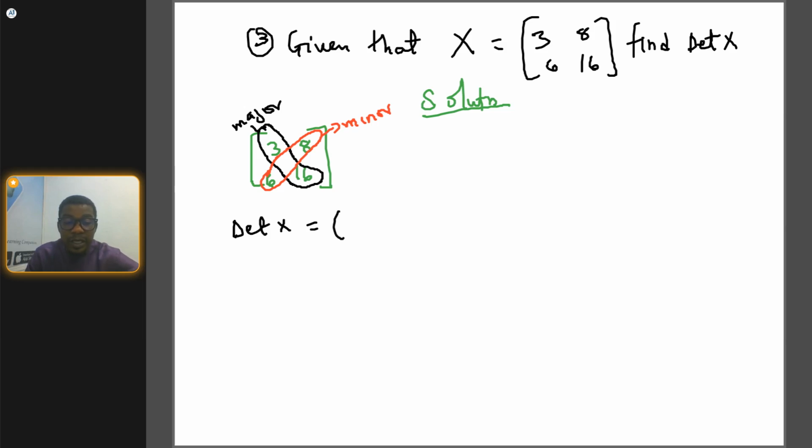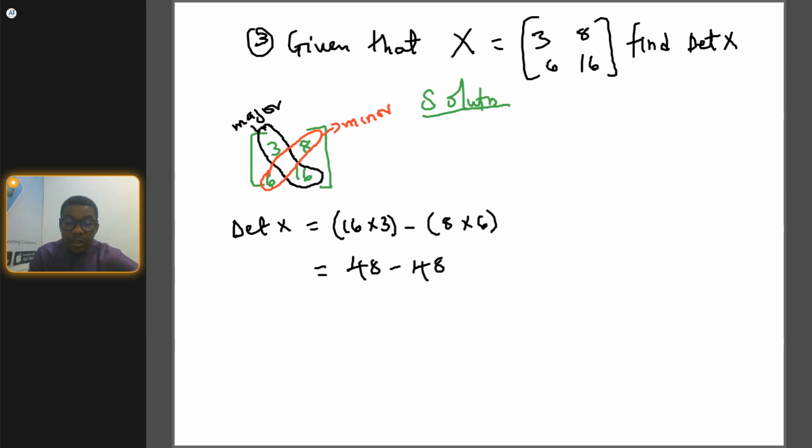So the major diagonal is 16 times 3, minus, in brackets, the minor diagonal, 8 times 6. Multiplying 16 by 3 should be 48. 48 minus 8 times 6, and 8 times 6 is also 48.